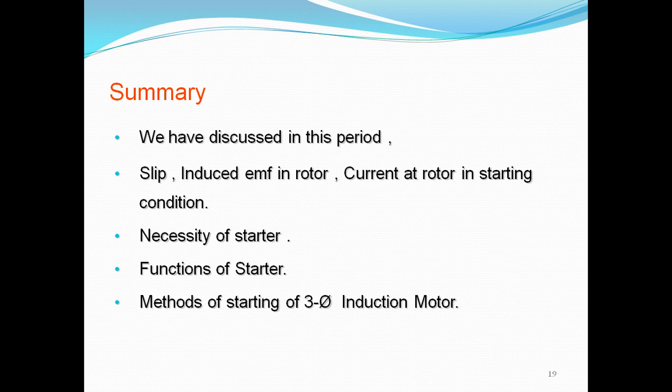So in this method we have to use a variable resistance, that is a variable star connected rheostat connected to the rotor. So this rotor winding through the slip rings is connected to a rheostat, while the stator is at full voltage.